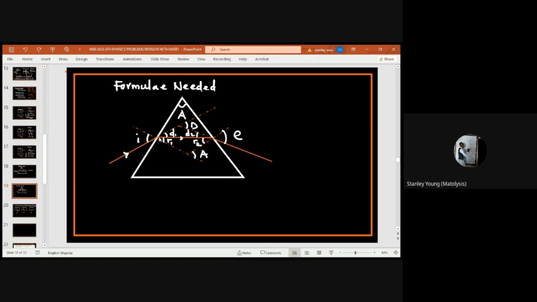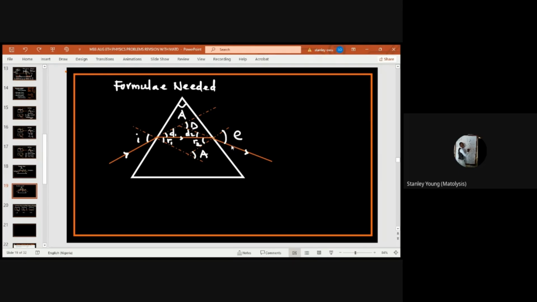Similarly, when this one gets here, after drawing the normal, we draw an emergence, which is this. So we still have another angle here, which is another deviation. So what do we have?